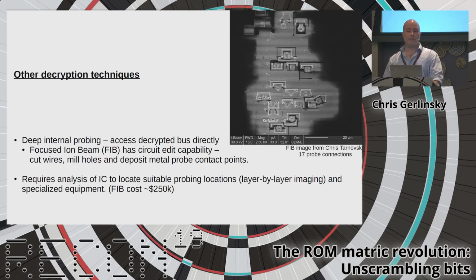So once you've analyzed the chip and found where to connect with the FIB, you can basically rewire the chip in any way that you need to. In this case, he's bypassed the anti-probing shield layer on top and drilled down to a lower layer and made connections. He'll run the chip, and the chip will actually do the decryption, and you'll just read it off of the decrypted data bus. This does require quite a bit of analysis of the IC, and then a FIB is also a non-trivial cost. But again, this is another attack that has been used successfully and is going on in the wild.